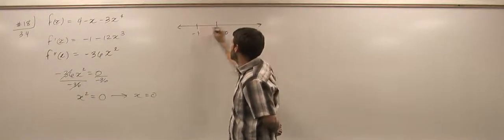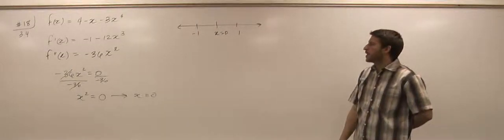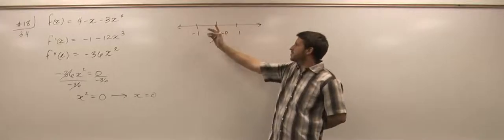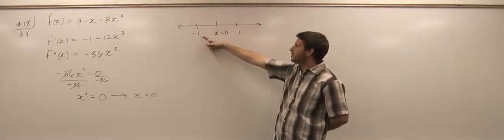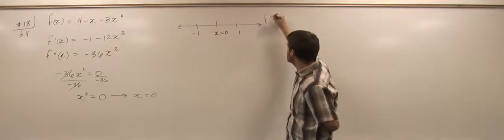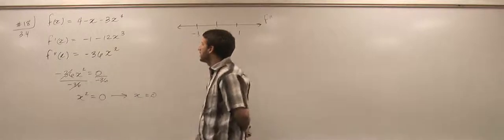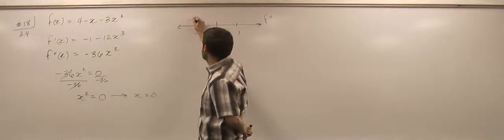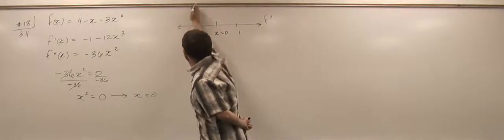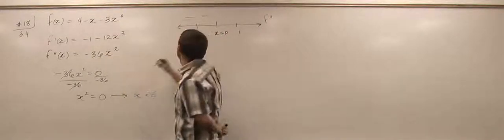And then I have to test on either side. So I plug in test values on the left of 0 and on the right of 0. Where do I plug them into? For concavity, you plug them into the second derivative. So I'm going to plug in negative 1 here, and I get negative, because when you square, you always get a positive.